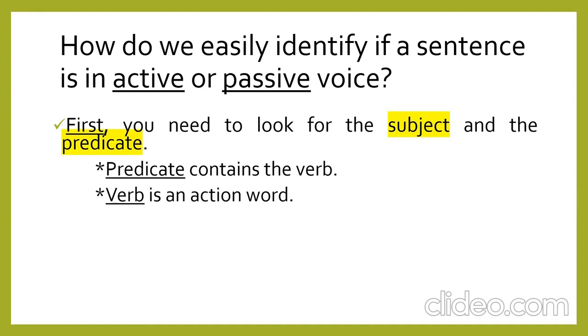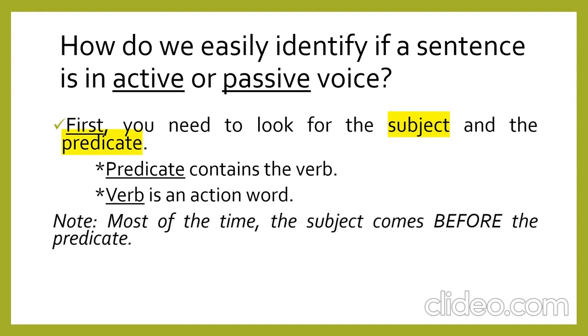Again, the predicate contains the verb. The predicate is the part of a sentence or a clause in the sentence that contains the verb. Take note that most of the time the subject comes before the predicate, so not all the time. It's just usually that the subject comes before the predicate.